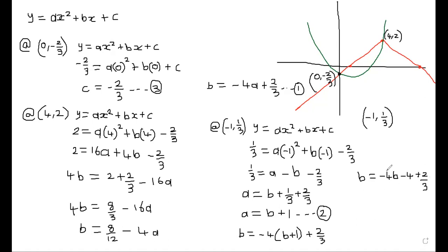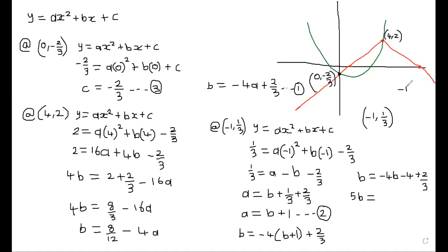Okay, now what we can do is to take this negative 4b to the other side so that we can add it to its like term. It will become 5b is equal to. Now we have to add what is remaining, which is negative 4 plus 2 over 3. So 4 can be written with a denominator 3 as what? Negative 12 over 3, right?